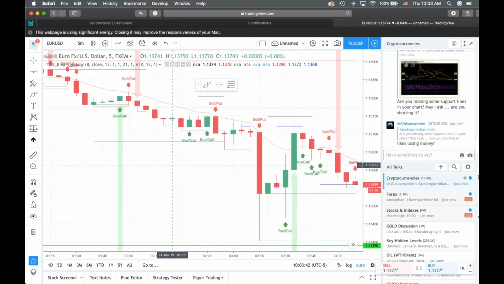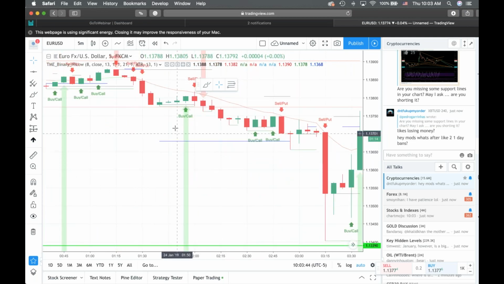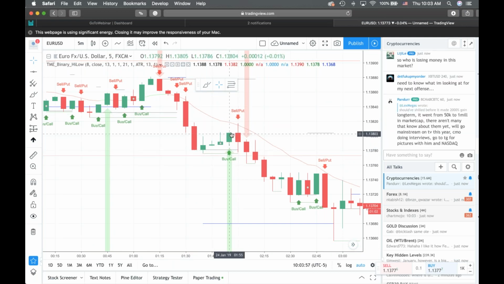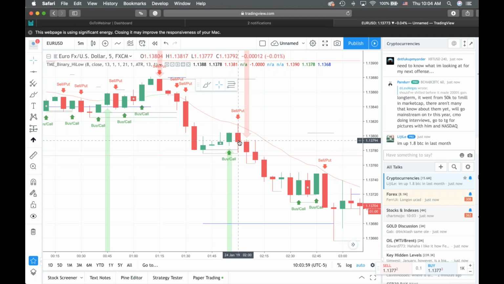So that's why you need to be patient with it. It's very, very important. And if you want to be extra cautious, you can just go with like 2 candles after the signal candle, or whatever you choose to do, that's fine. But you can go all the way up to 3, not including the signal candle. Okay, so that's very, very important to note.